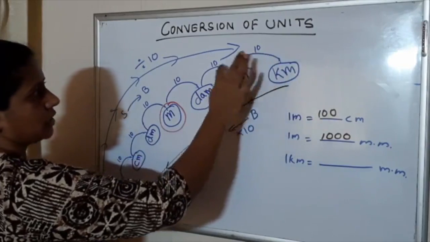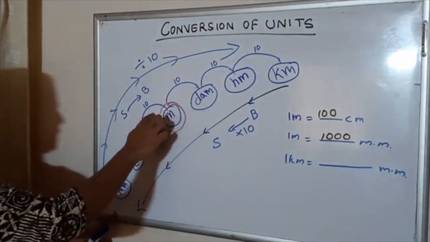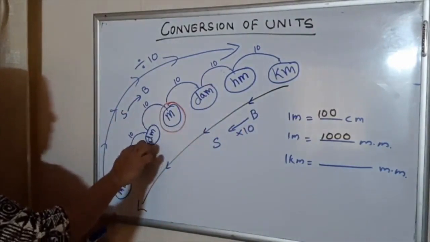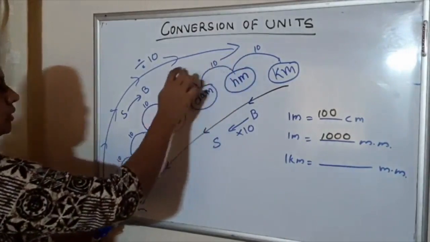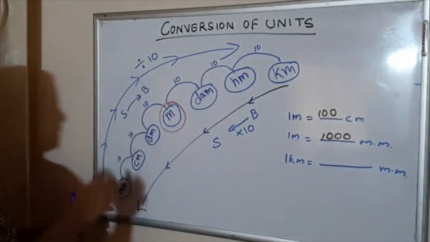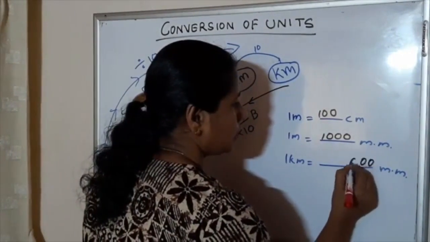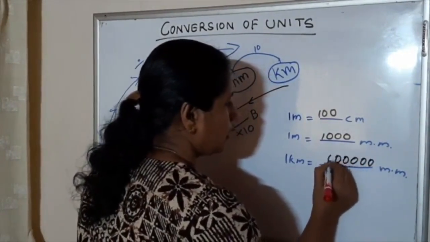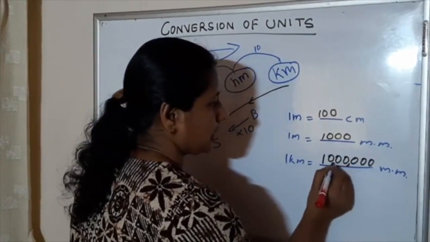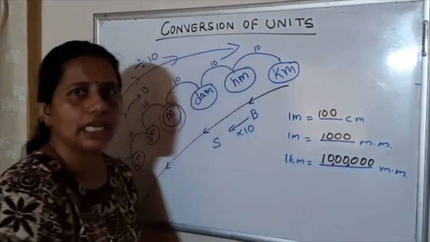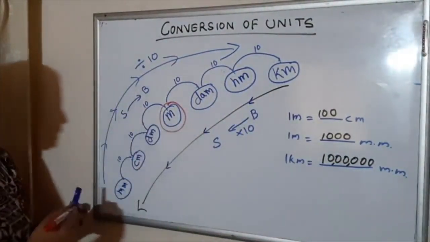So, 10 into 10, 100, 100 into 10, 1000, 1000 into 10, 10,000, 10,000 into 10, lakh, lakh into 10, 10 lakh. So, 1, 2, 3, 4, 5, 6. 6 zeros. 1's, 10's, 100, 1000, 10,000, lakh, 10 lakh.